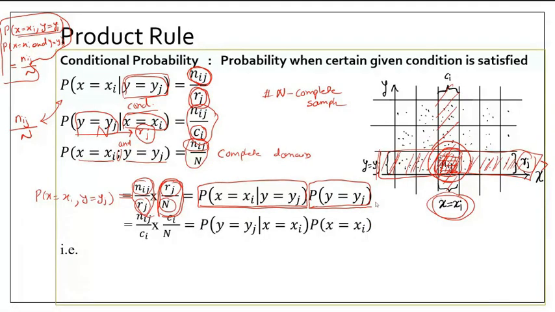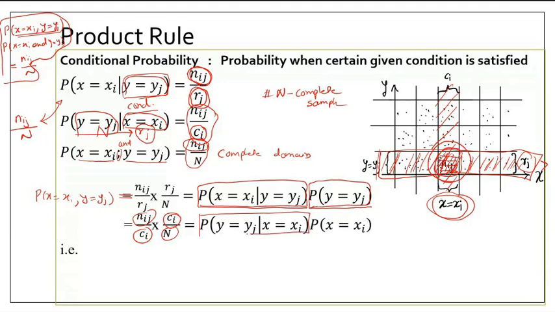Similarly, we can play with this with respect to Ci. Instead of dividing by Rj, suppose I divide this Nij by N by Ci, what will happen? Now Nij by Ci into Ci by N, so Ci gets cancelled.